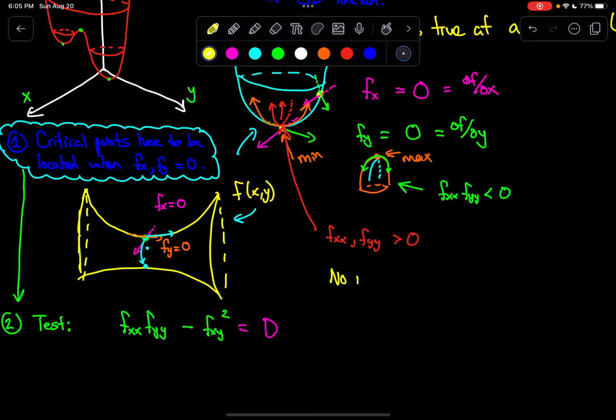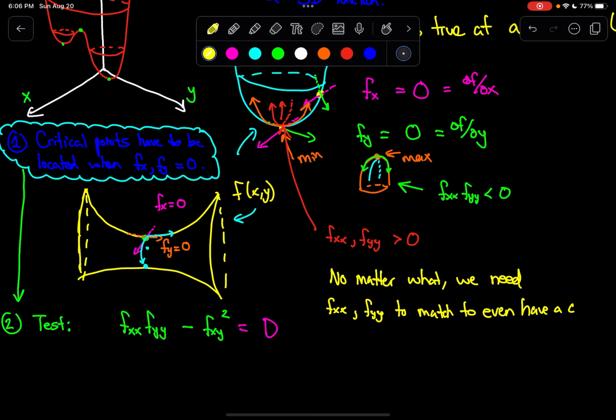No matter what, we need the second derivatives to match to even have a chance to be a max or a min, right? Both have to be concave up, or both have to be concave down, to be a max or min, okay?